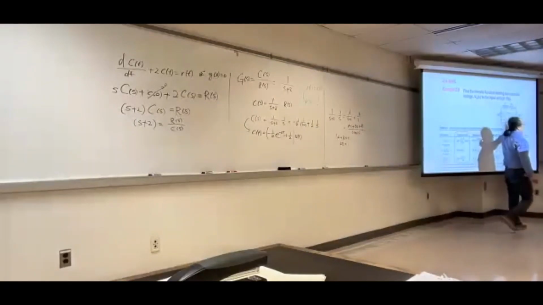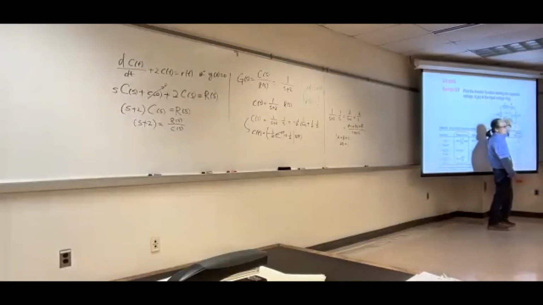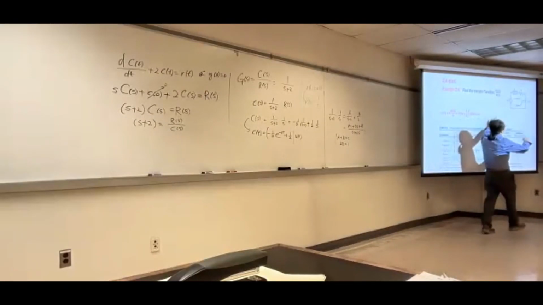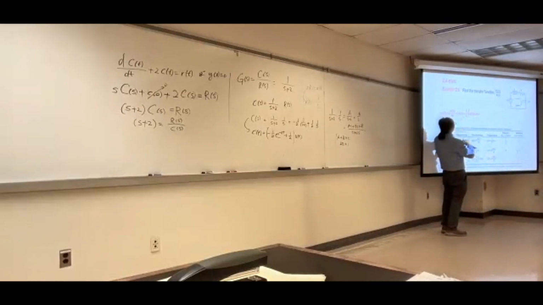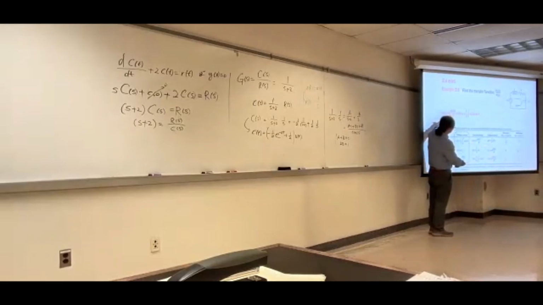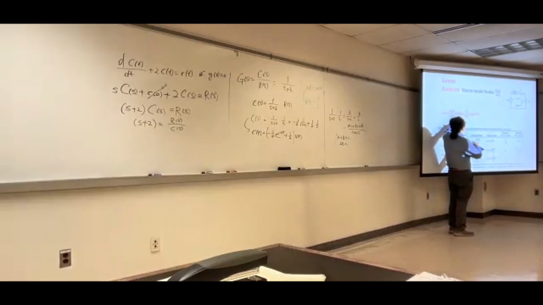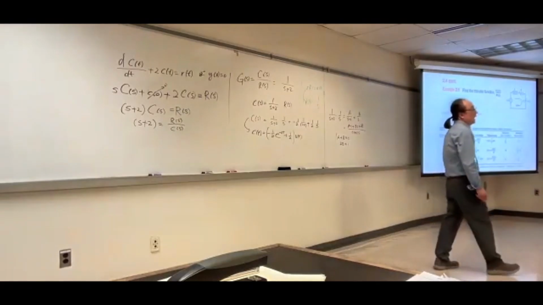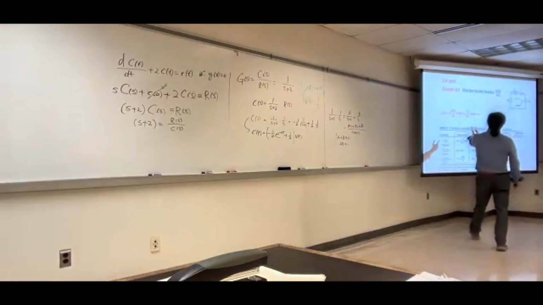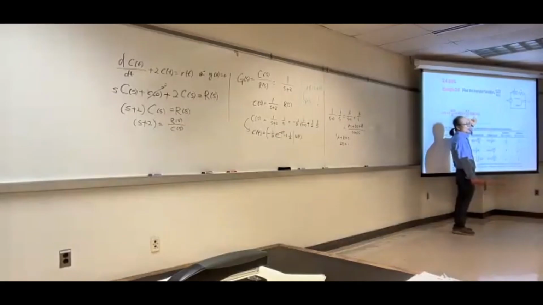So when we do KVL around this loop, i of t is going into the negative terminal of v of t, therefore negative v of t, L di over dt for the inductor, R times i of t for the resistor, and for the capacitor, 1 over C integral i of t dt. And we don't have any pair for this integral for the Laplace transform, right? So we have to do something about it.